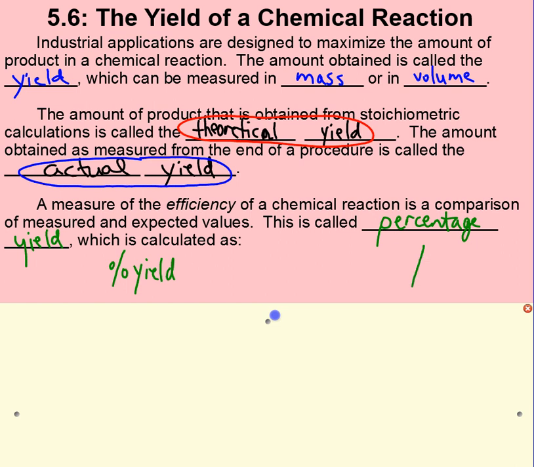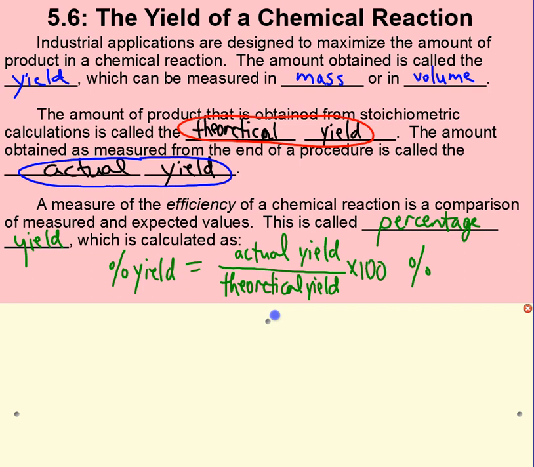It will have units of percent, and that would be a ratio of the actual yield, which can never be more than the theoretical yield. At the most, they would be equal, and rarely would that ever be the case. We divide by the expected yield, or the theoretical yield, and multiply by 100, and then that result will be in a percent.